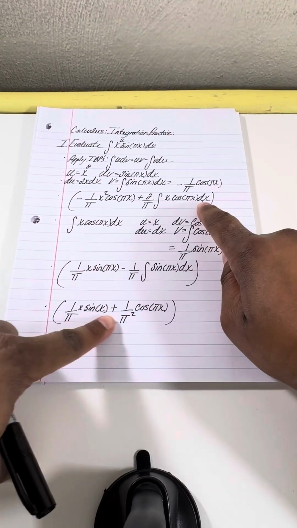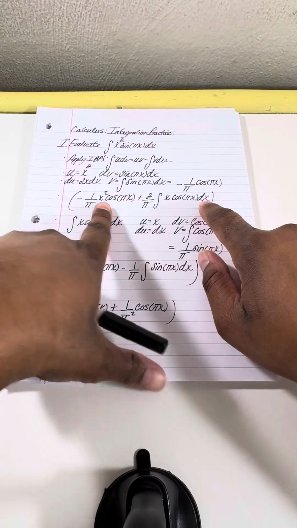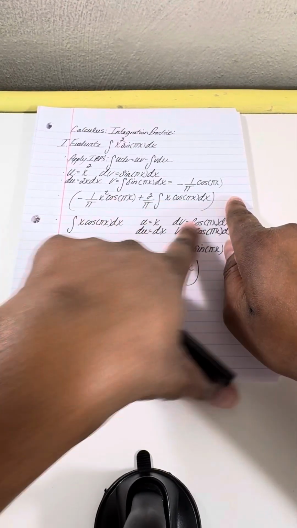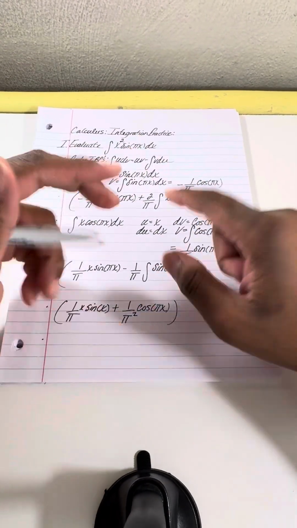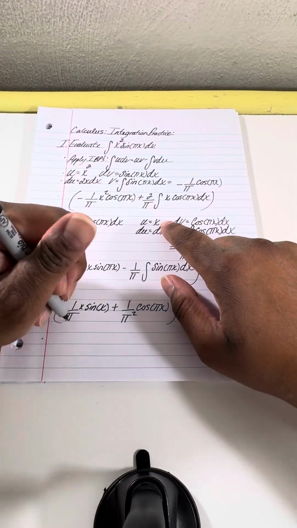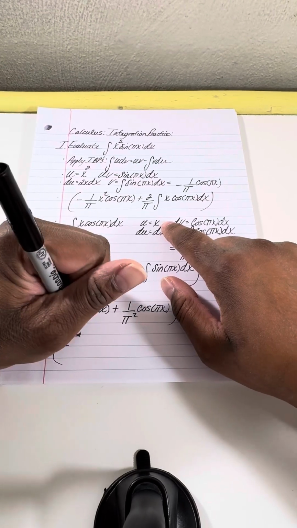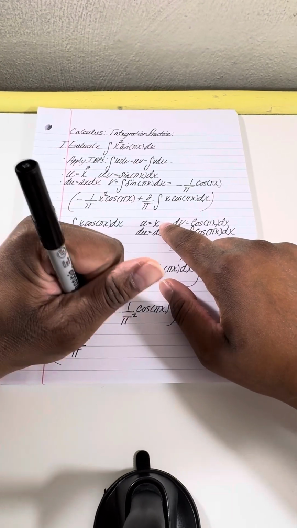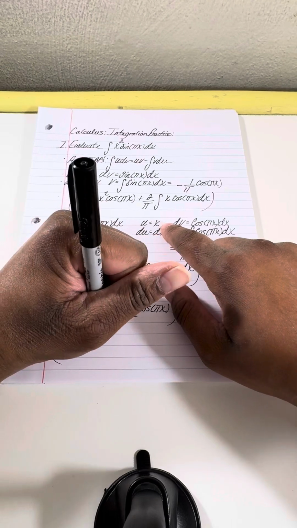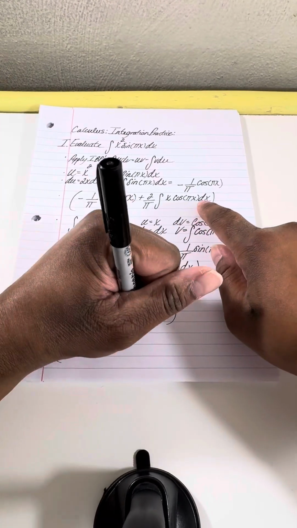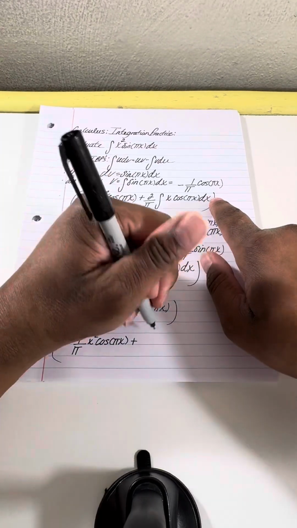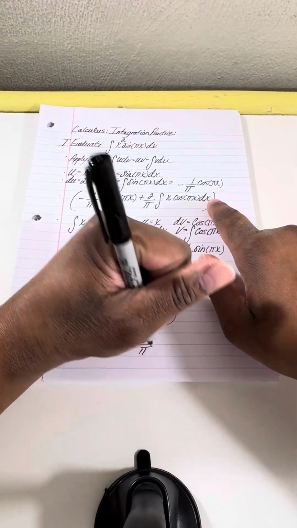Now, we have to go back and take all of this and connect it to this side here from the initial by parts. So it's going to look a little jumbled up, a little messy, so just be aware of that. If we put everything together, we'll have negative 1 over pi x squared cosine of pi x. Remember, we still had the positive 2 over pi that was out there at the beginning.